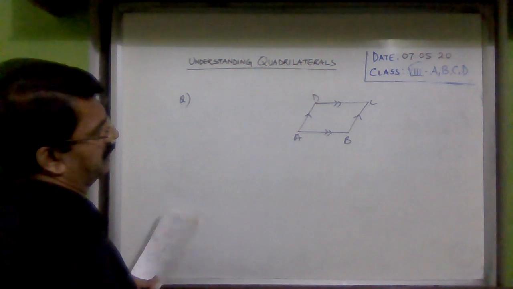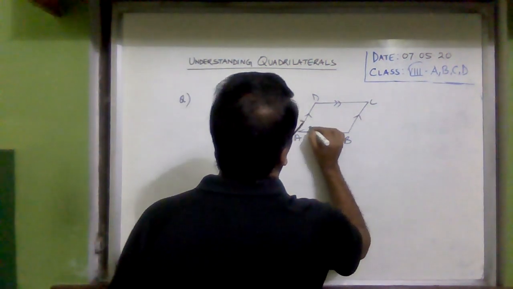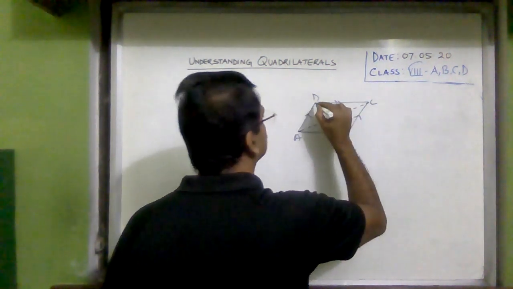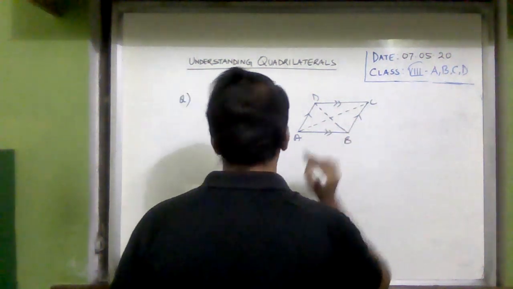ABCD is a parallelogram and AC and BD are the diagonals.